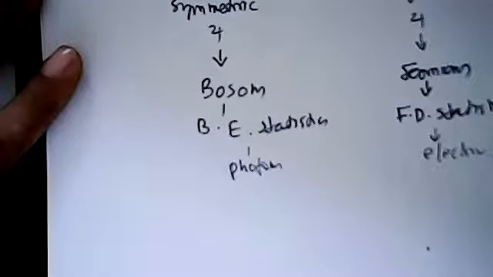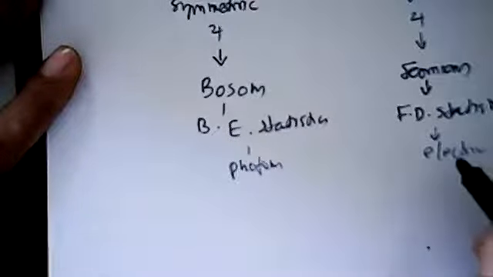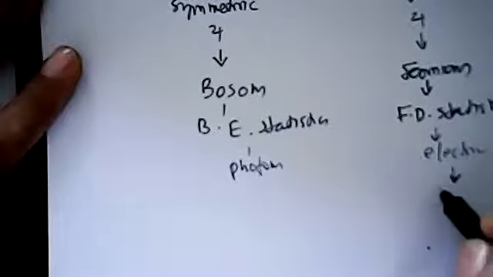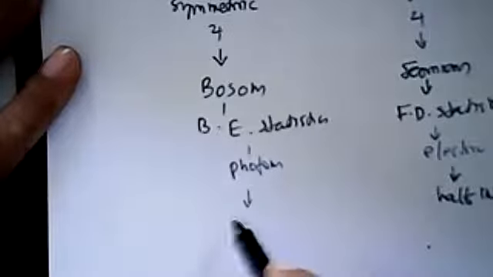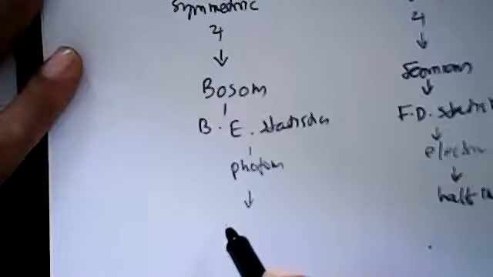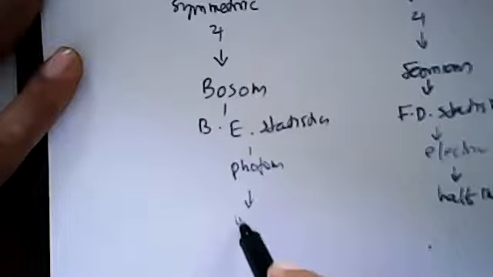Actually, you can see that electrons have half-integral spins, and photons and similar particles have zero or integral spins.